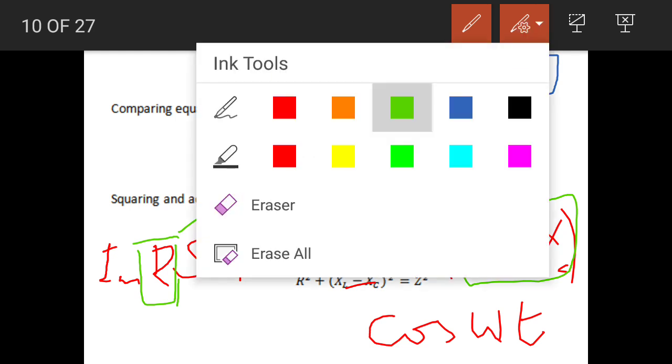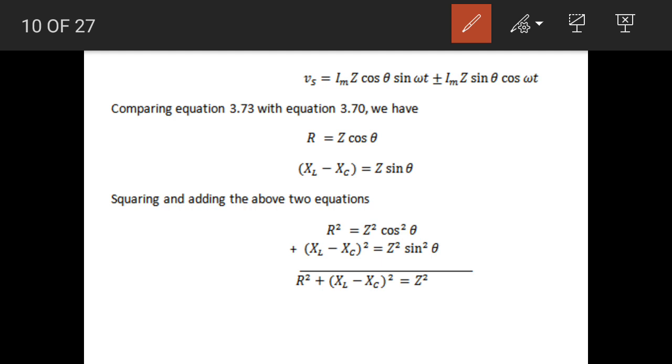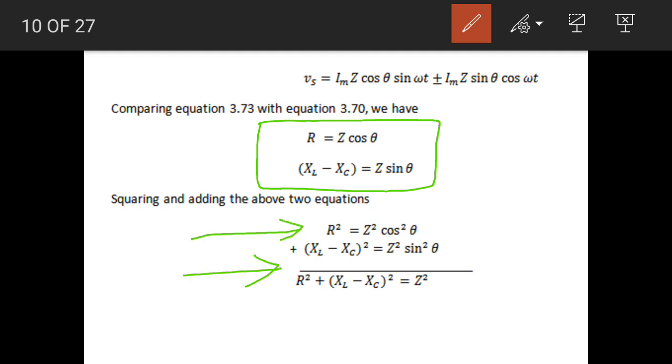So what we do, we take the square on both sides of these two equations and we add them. If we do that, we get R square plus XL minus XC whole square, which is equal to Z square. Why? Because cos square theta plus sin square theta is 1.